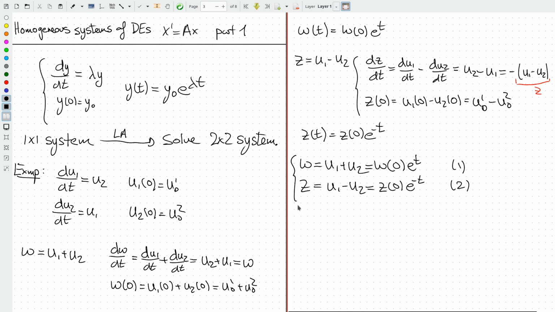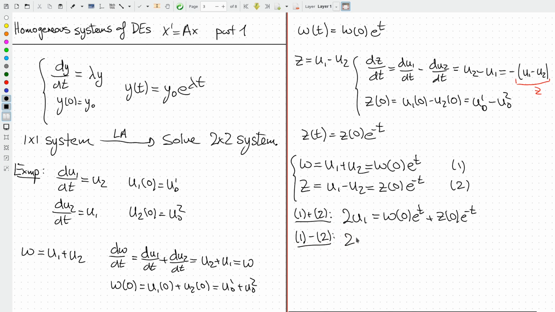To find the expression for u1, I add equations 1 and 2. So I get that 2u1 equals w0 e to the t plus z of 0 e to the negative t. Similarly, to find an expression for u2, I take equation 1 minus equation 2.